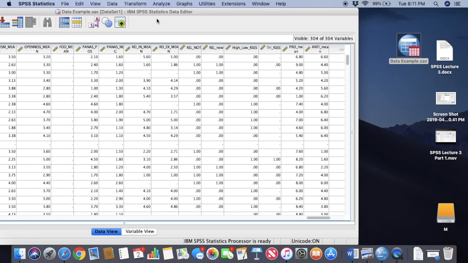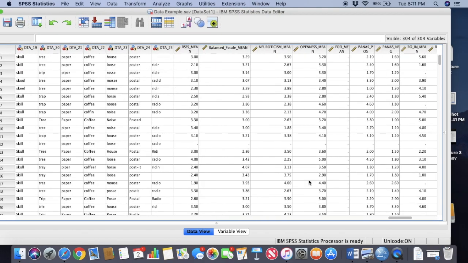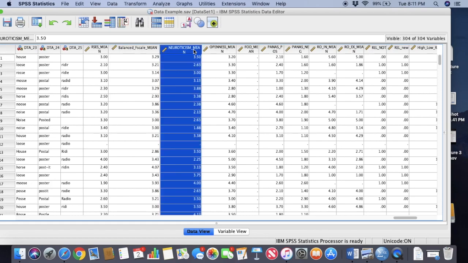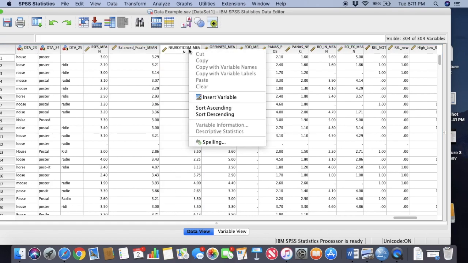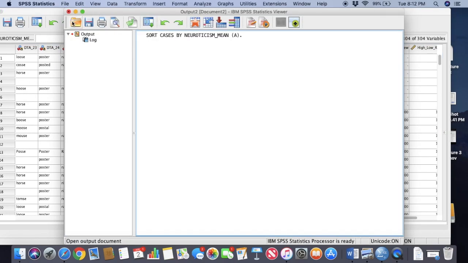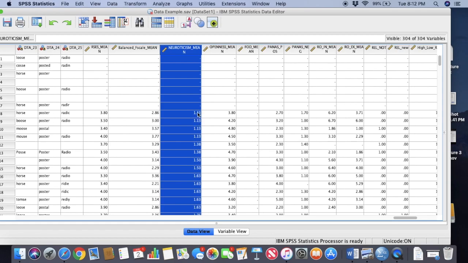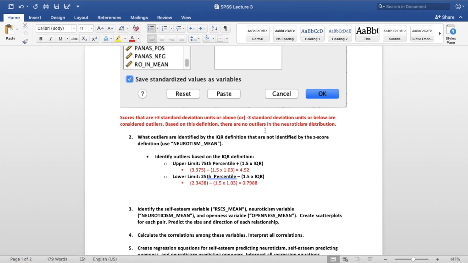So to figure this out, we could just go back to our SPSS file and find our neuroticism mean, which is right here. We could just sort ascending. As you can see, the lowest possible value is a 1.13.